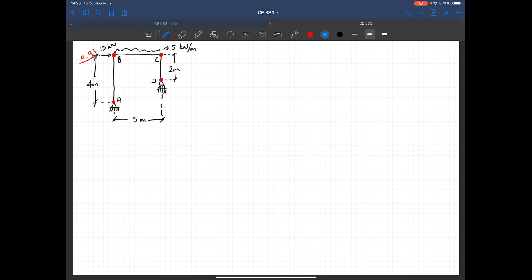Let's take a look at the unknowns. I want to calculate the support reactions first. This is AY, this is AX, and dy. Okay. Then I should write the equilibrium equations.